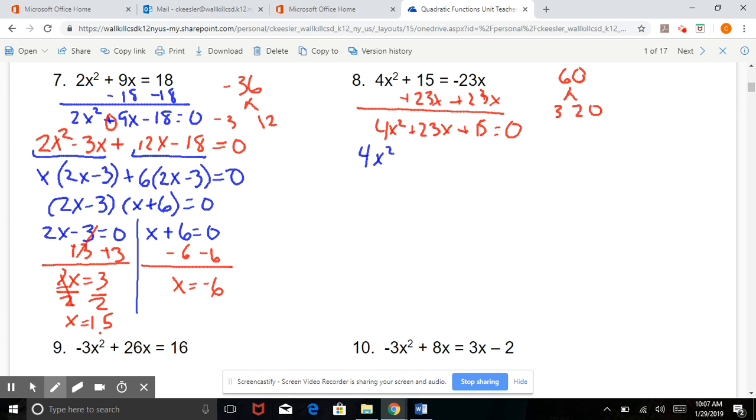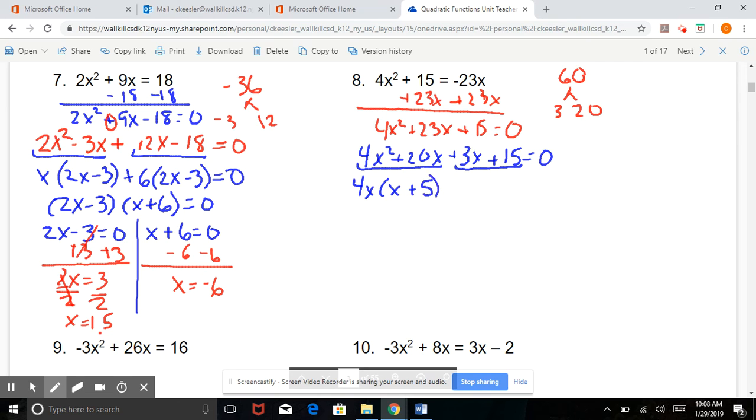4x squared plus 20x plus 3x plus 15 equals 0. Group first two terms, group last two terms. From 4x squared plus 20x, I can factor out 4x, which leaves me with x plus 5, as 4x times x is 4x squared, and 4x times 5 is 20x.